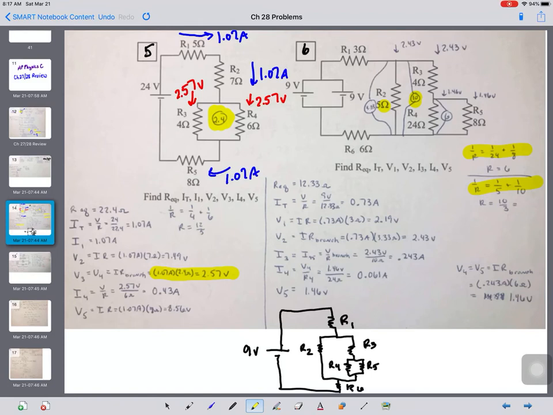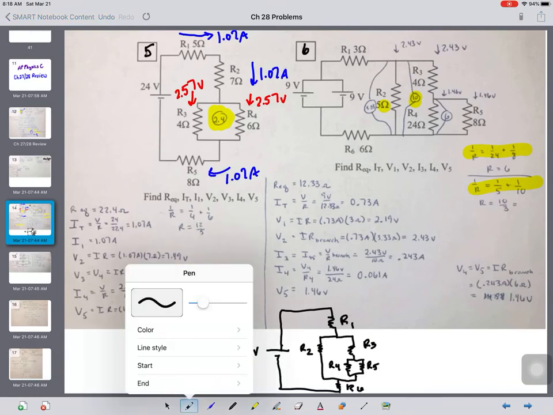Doing the inverse equation, we get 10/3 or 3.33, and then that 3.33 is in series with R1 and R6, and all those add together to give us 12.33 ohms. Calculating the total current, that's V over R, or the EMF over R, 9 volts over the 12.33 ohms. That gives us 0.73 amps of total current.